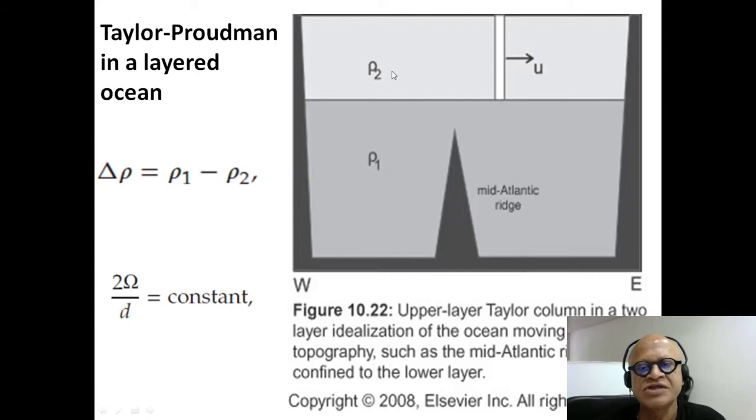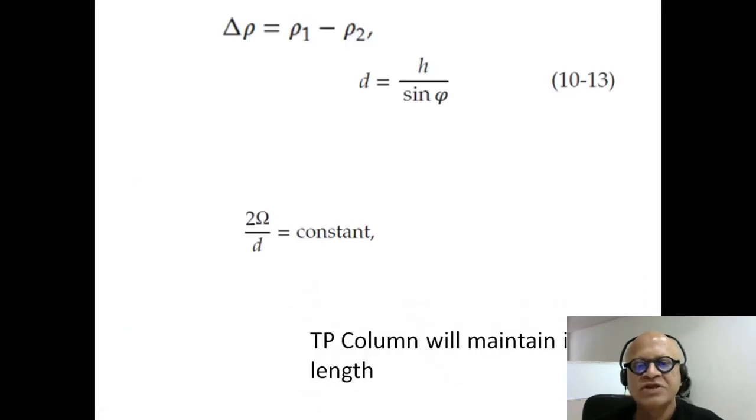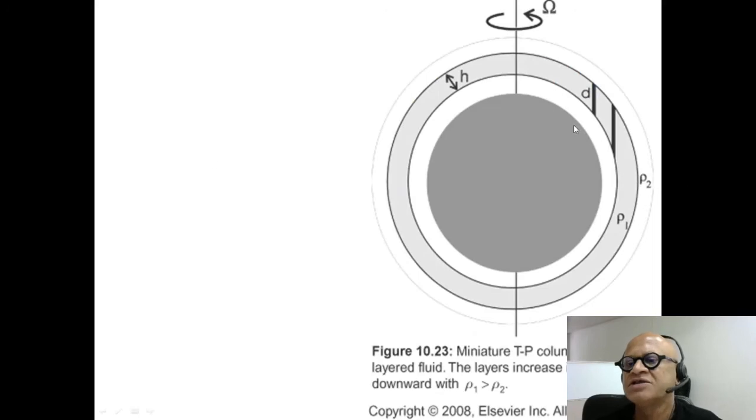So delta rho in this case is rho 1 minus rho 2 because rho 1 is heavier. And the Taylor-Proudman theorem would just tell us that the height of the Taylor column cannot change. It has to remain rigid as it goes around on the sphere. So that just means that 2 omega over d has to be constant. What is d? This is our old height of the Taylor column we saw before, right? This is our d.